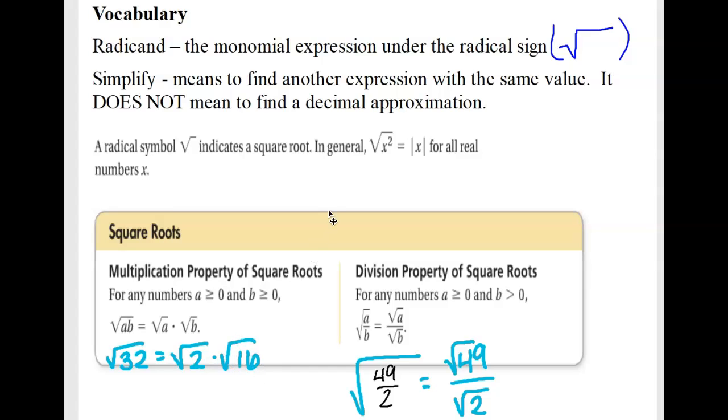We use the multiplication property oftentimes to help us rewrite expressions using a perfect square, so that we can simplify with that perfect square. So we're always looking for the perfect square that goes into a problem.